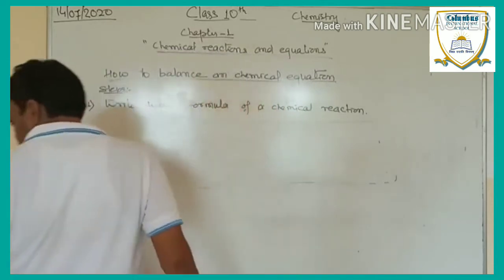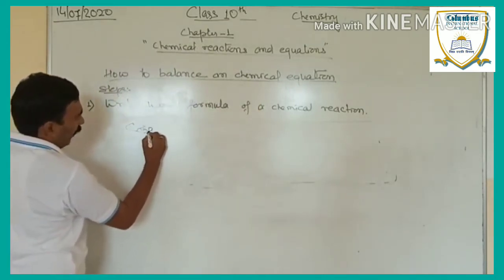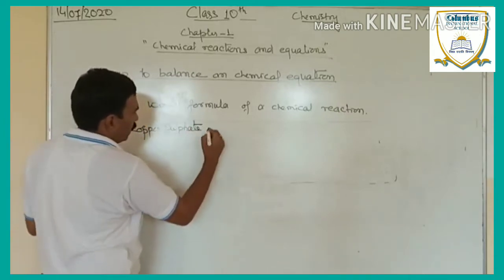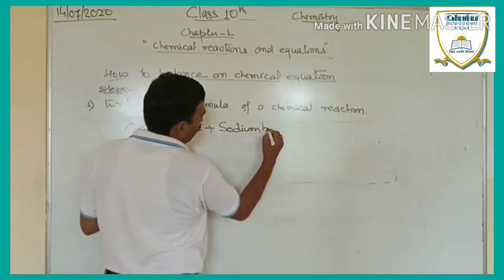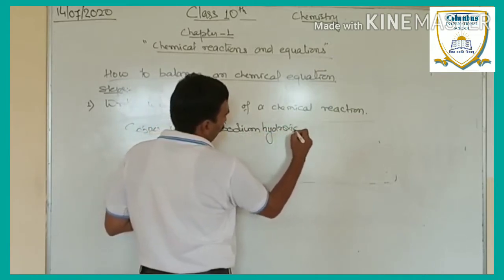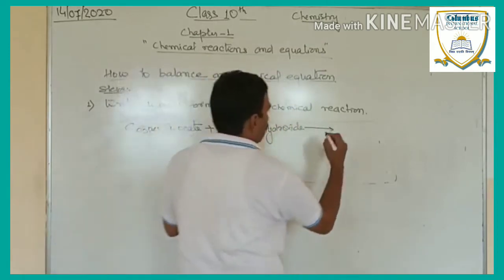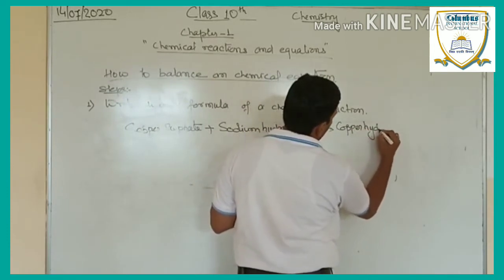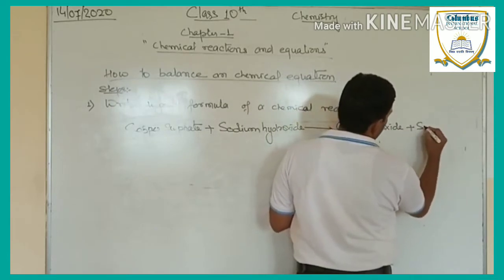Word formula: copper sulfate plus sodium hydroxide gives copper hydroxide and sodium sulfate.